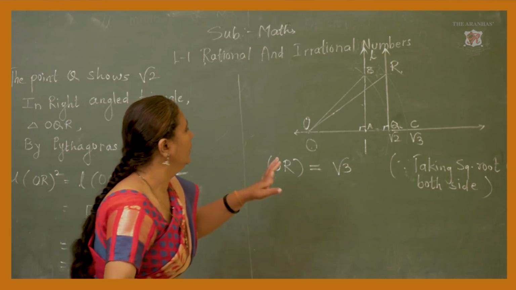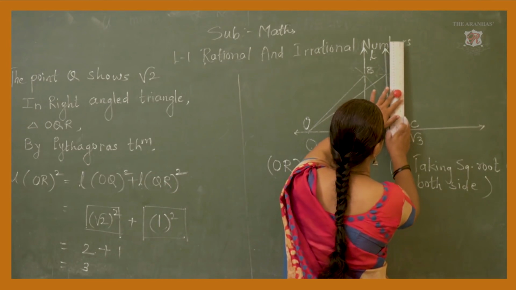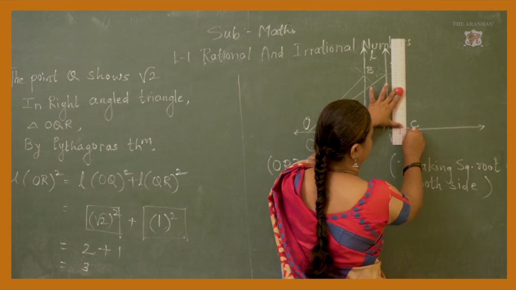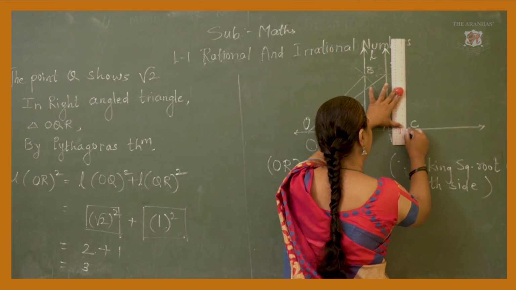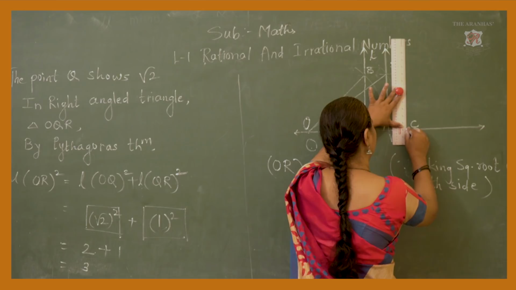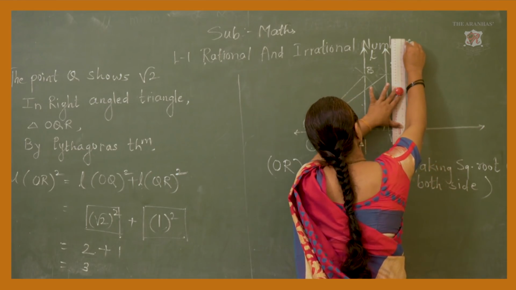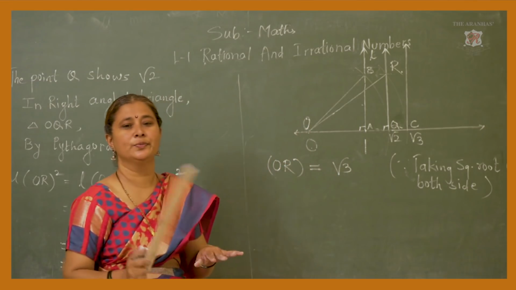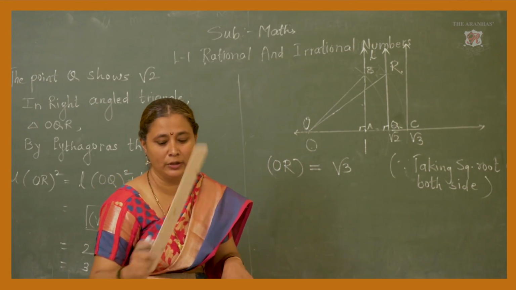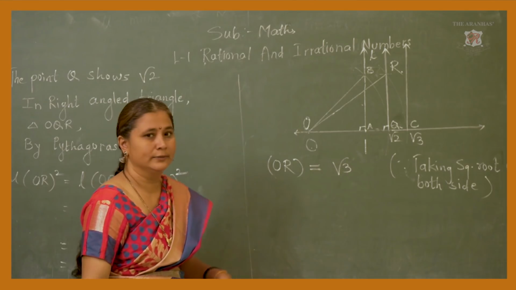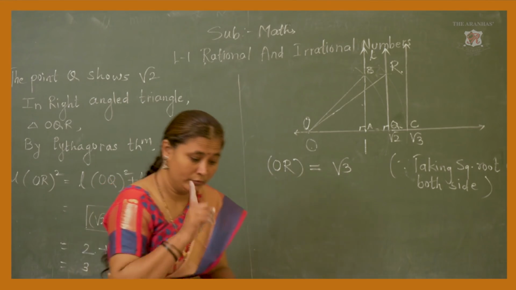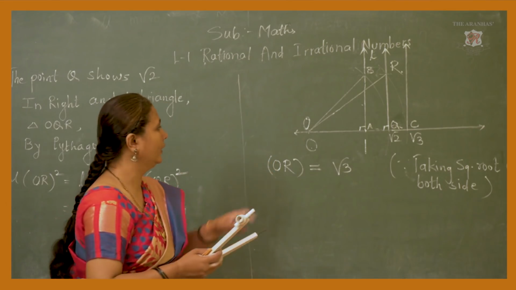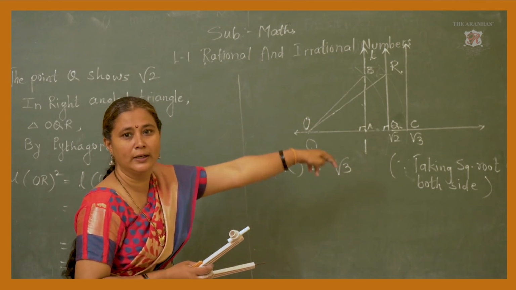So here take first a perpendicular line from the point C. You can use a protractor, or if you are very perfect at drawing a perpendicular line, you can use a scale also. Okay. So, better to use a protractor to get the perpendicular line. Then again 1 unit distance you have to take on the perpendicular line.